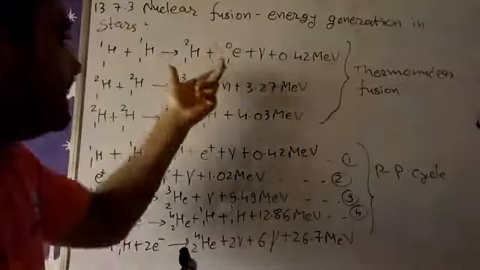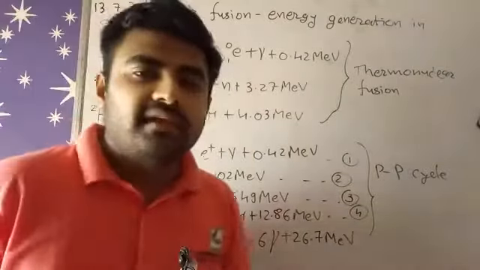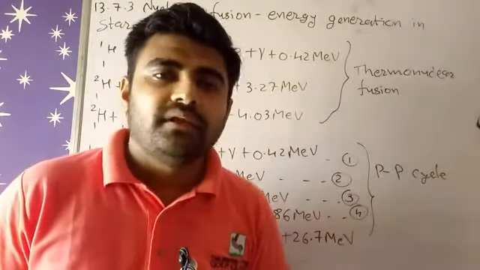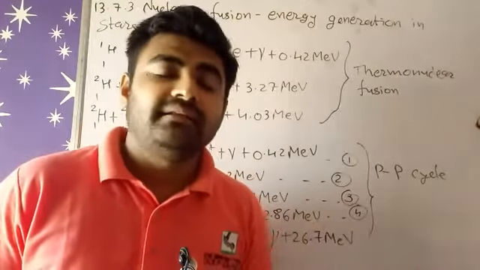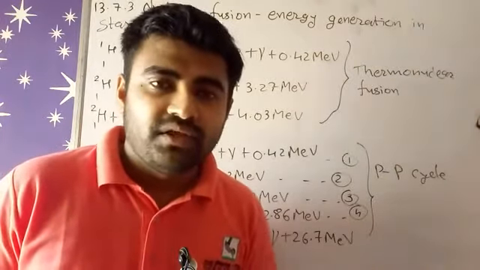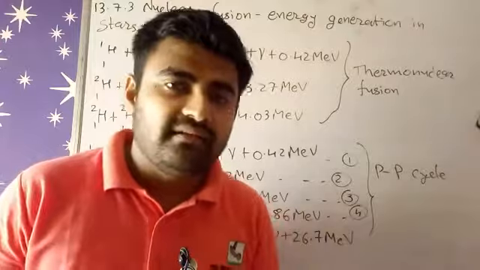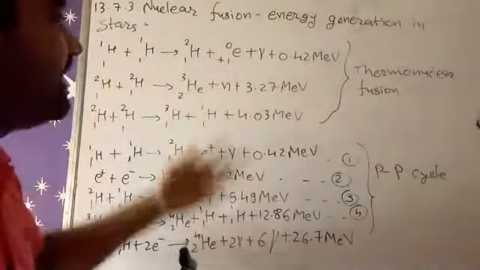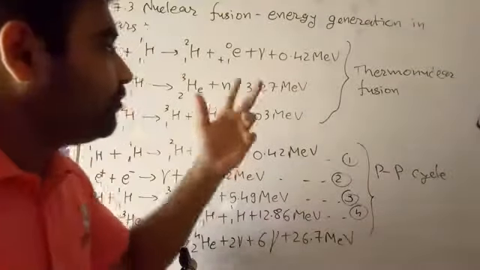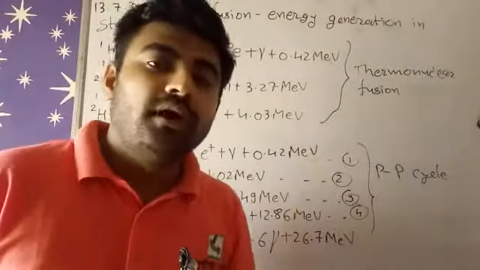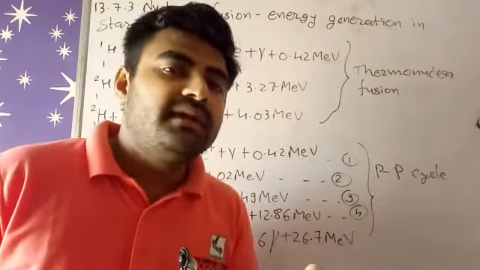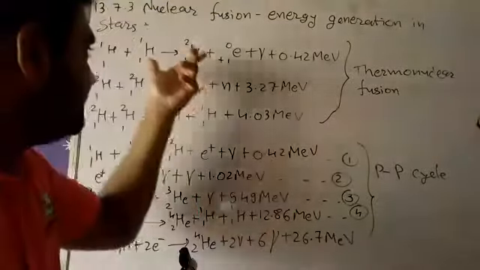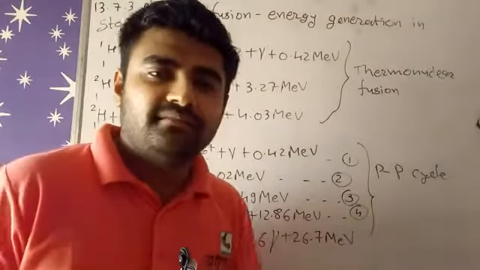Here the sun's heat energy is around 10 raised to power 7 Kelvin. Because of that heat energy, these hydrogens will come together, and the potential barrier due to the Coulomb repulsive force will be overcome by this external heat energy.